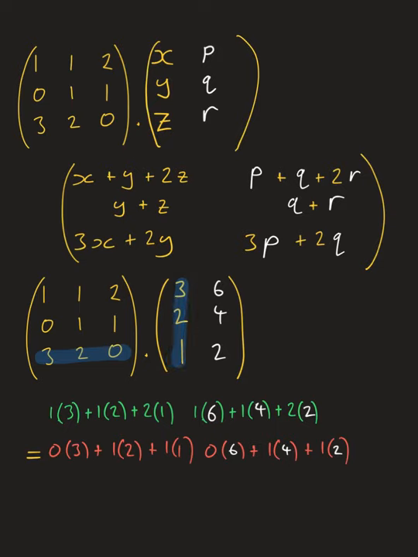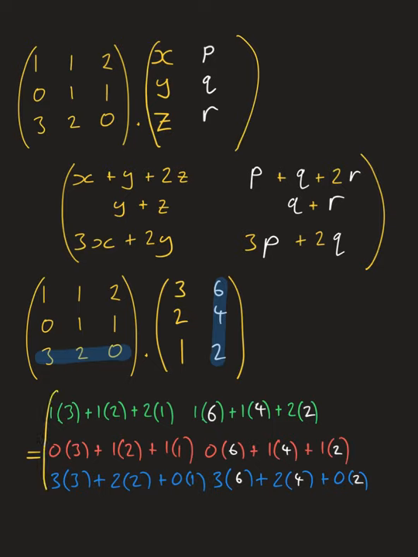Same again for the third row on the left, that becomes the third row in our answer. So in the third row, first column, we use third row on the left, first column on the right. And in our answer, the third row, second column, element 3, 2, we use the third row of the matrix on the left and the second column of the matrix on the right.